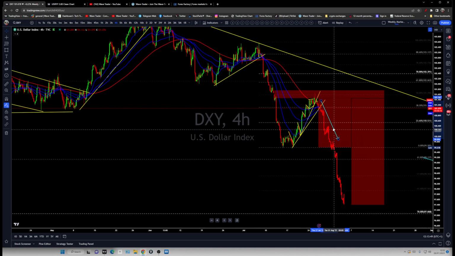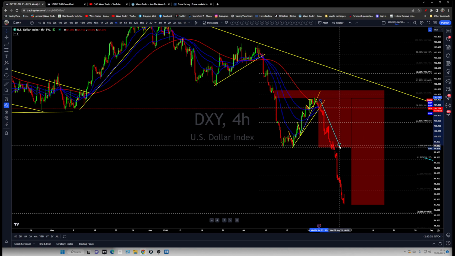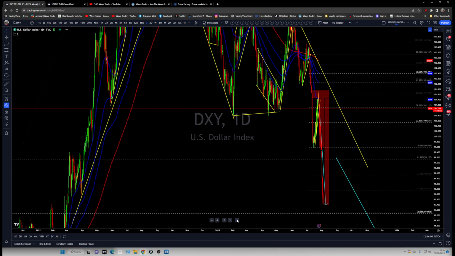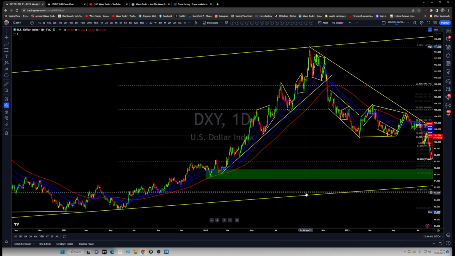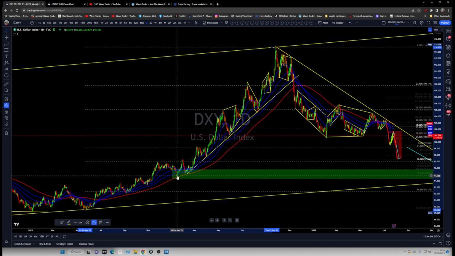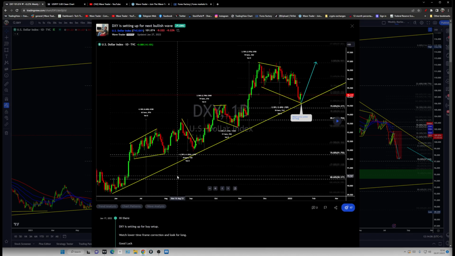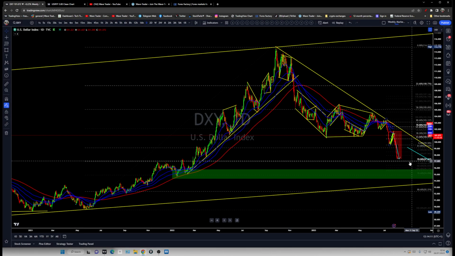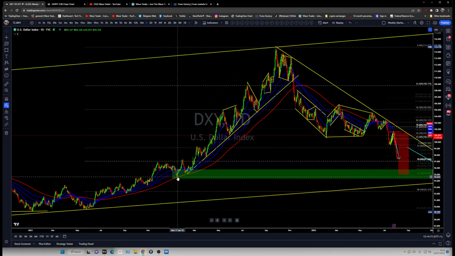First, look at this 4-hour time frame and move, and if the sell-off is really aggressive, price keeps pushing lower. There is a very good chance that the dollar can fall all the way to these lows, where we were expecting a buy at that time. So that's what you're looking for.